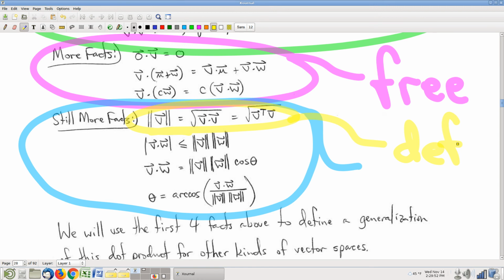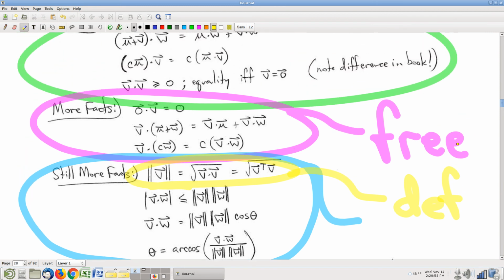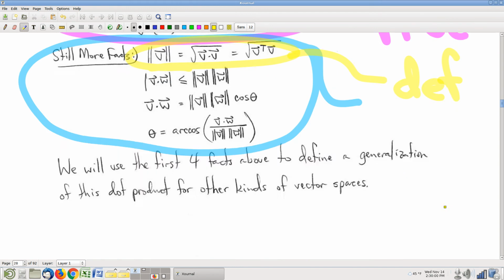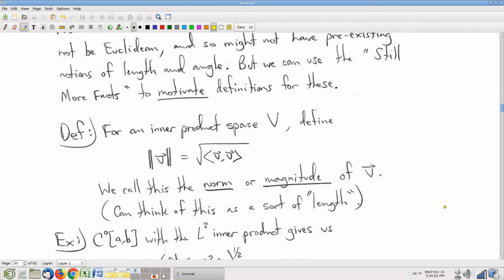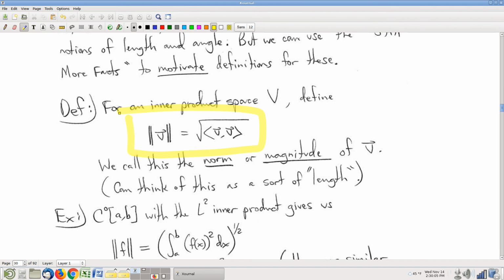In the same way that you can define magnitude in Rn as the square root of the self-dot product of a vector, I am likewise going to define magnitude in an inner product space to be the square root of the self-inner product of a vector.